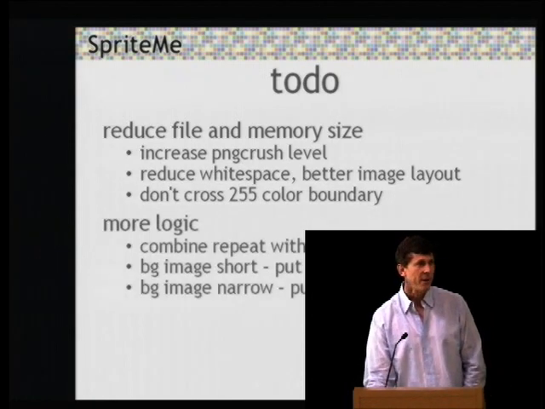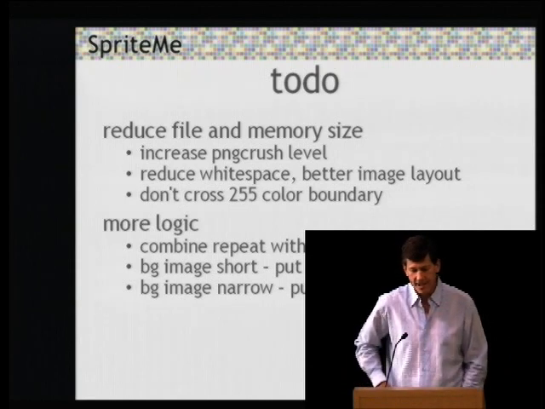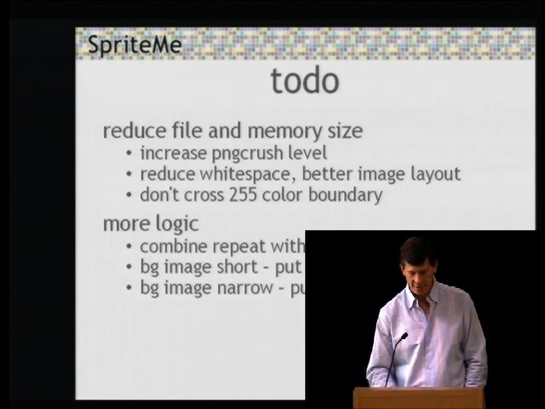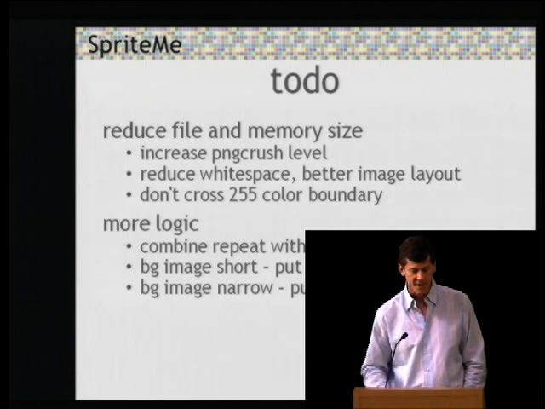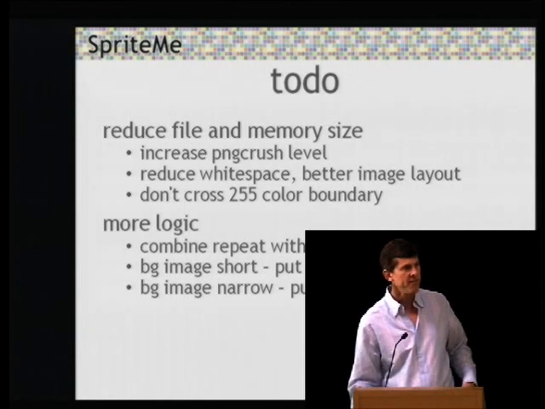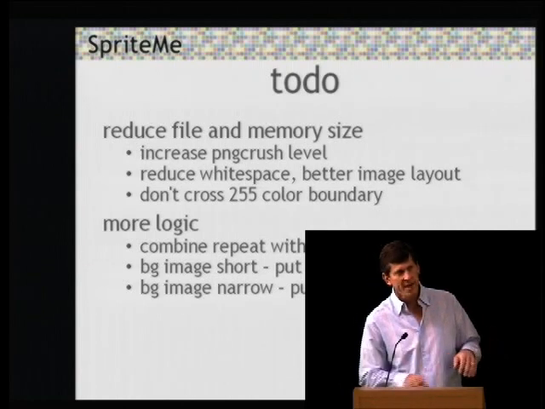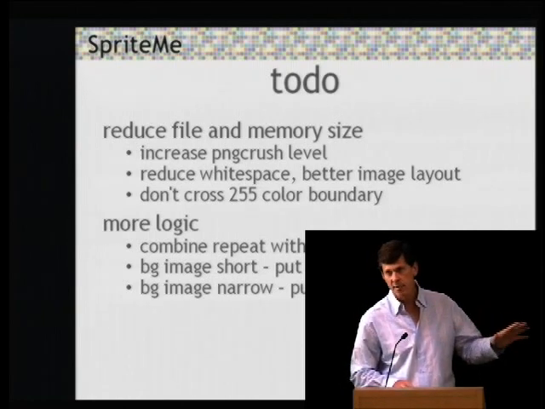There's a lot of logic behind this arcane knowledge of how to create sprites. A lot of it is already embedded, but there's still more to be added. If you go to the project's website, you'll see bugs for all of these. For example, right now, repeated images are never combined with non-repeating images.